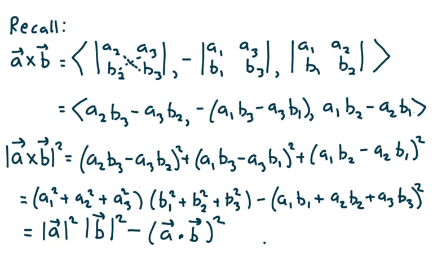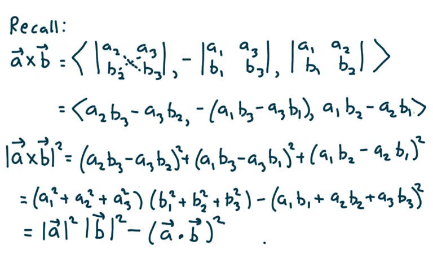The second component is the opposite of A1 B3 minus A3 B1. And the third component is A1 B2 minus A2 B1. Now I'm going to take the magnitude of A cross B and square it.